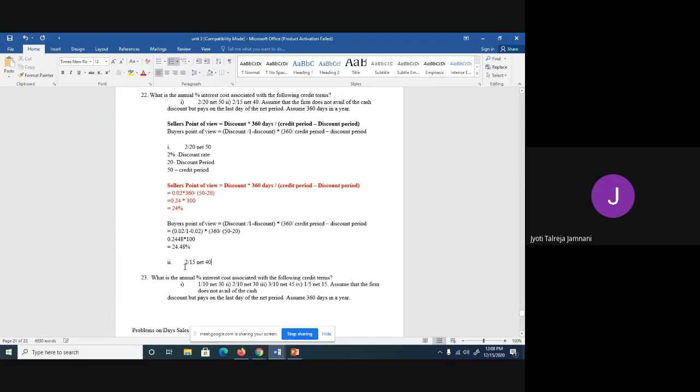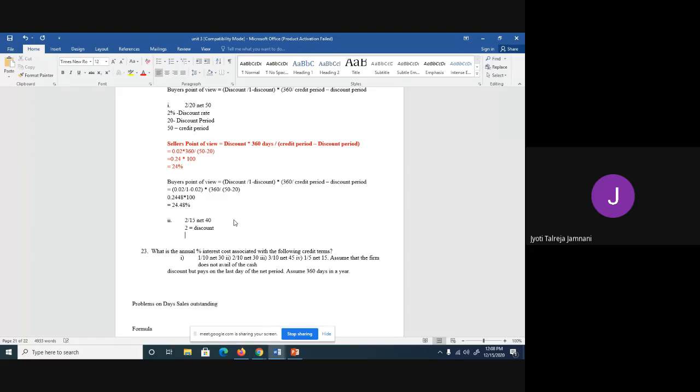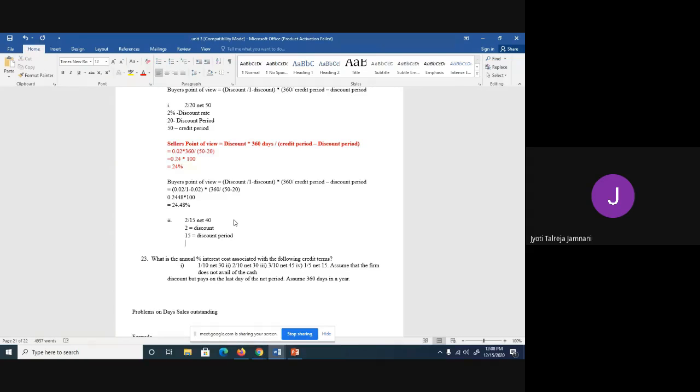So here 2 by 15, 2 is the discount percentage. 2 is equal to discount. 15 is the discount period. These sums can come for 3 marks. And 40 is the credit period.